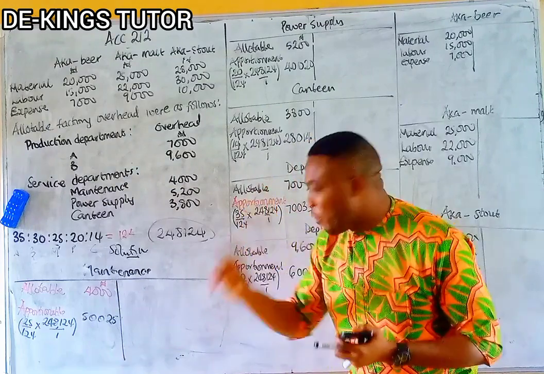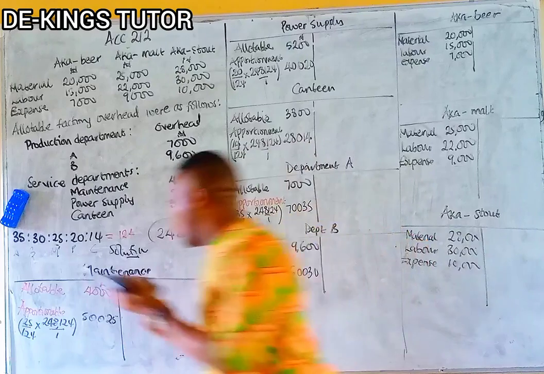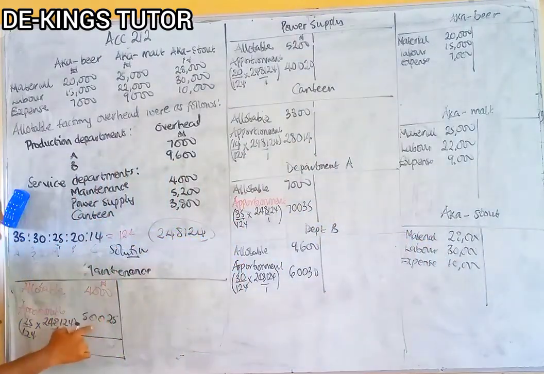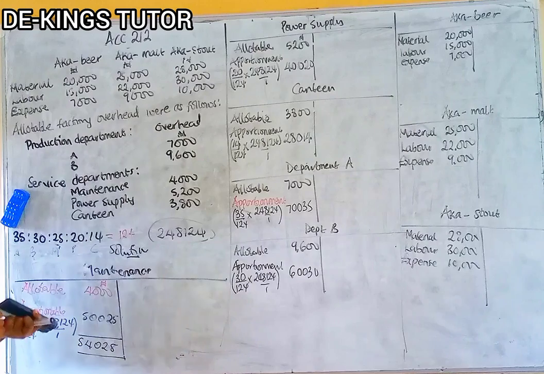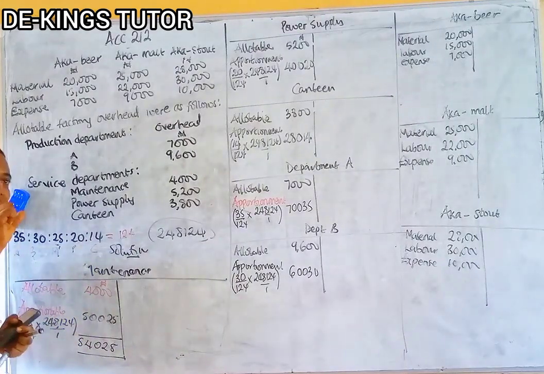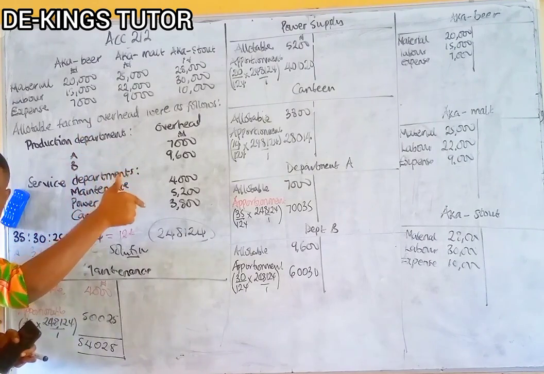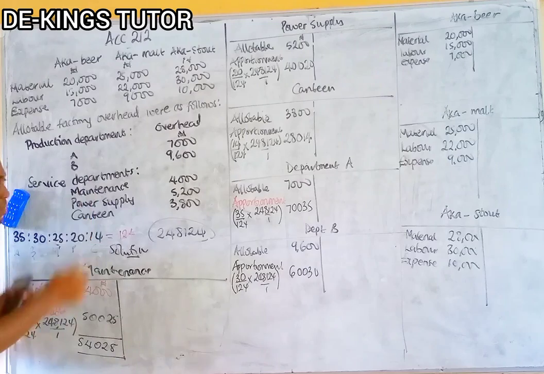So first we get the total cost of maintenance by adding these two: 4,000 plus this gives 540.25, right? Okay.